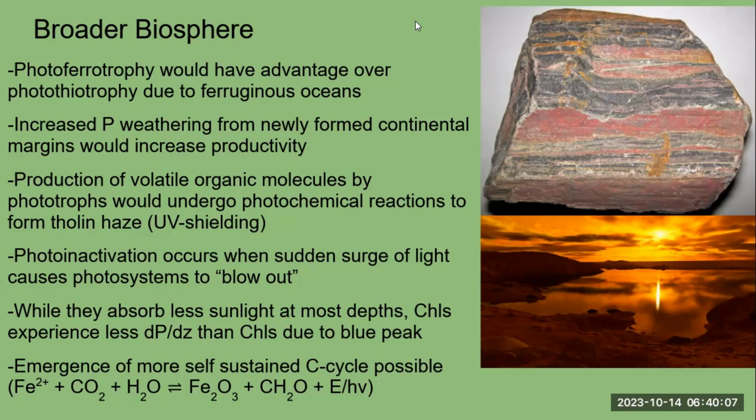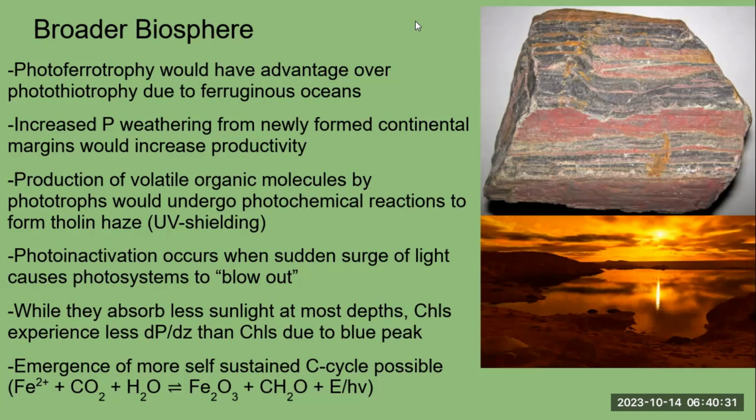Sudden increases in light intensity can cause photosystems to blow out. But since chlorophylls have a peak in the blue range and blue light can penetrate the furthest in water, chlorophylls would experience a lower rate of change in light intensity as they were moved up the water column. So chlorophylls may have evolved during this time period.